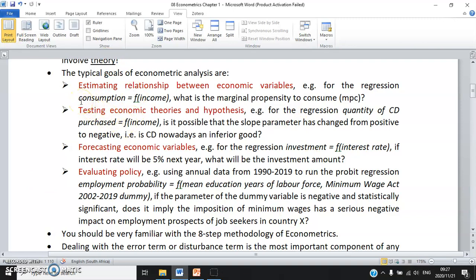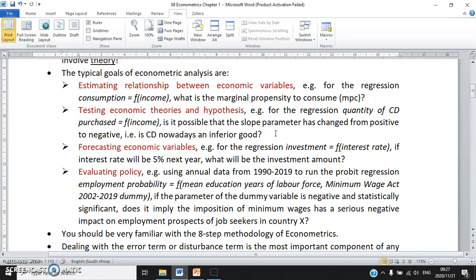Second goal of econometric analysis is to test economic theories and hypotheses. Think of this example: quantity of CD as a function of income. Would it be possible that nowadays the slope parameter has changed from positive to negative? In other words, the higher your income, the lower the quantity of CD purchased.